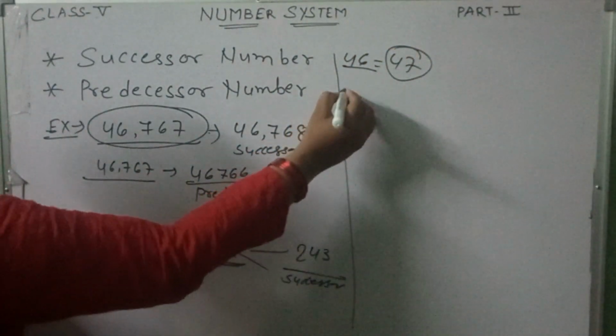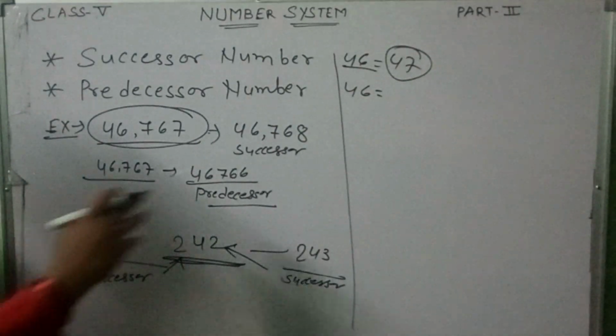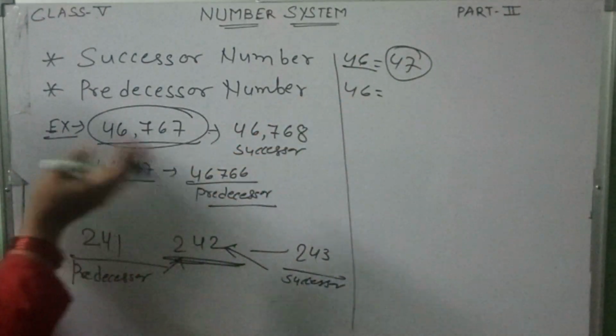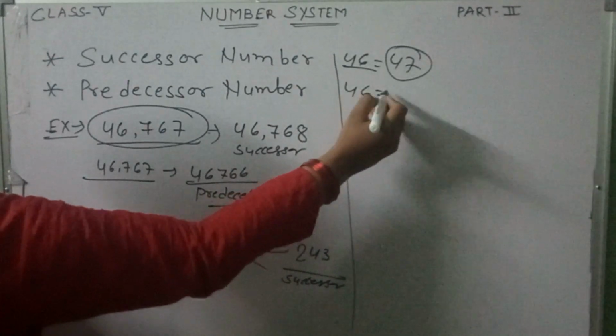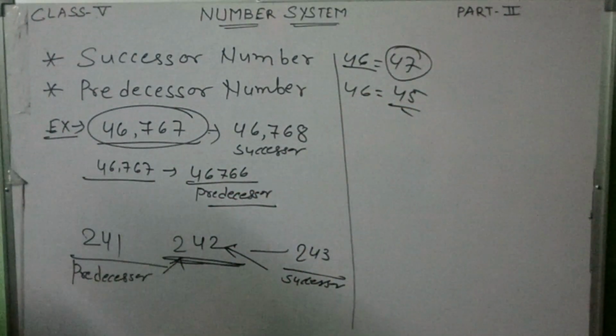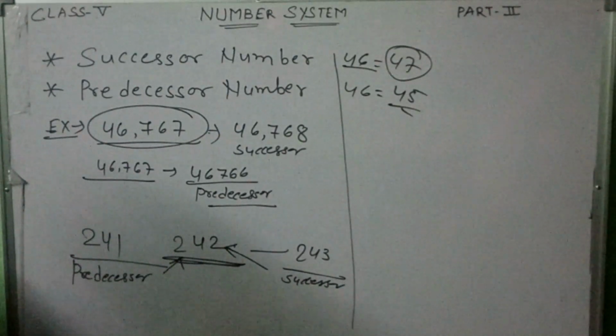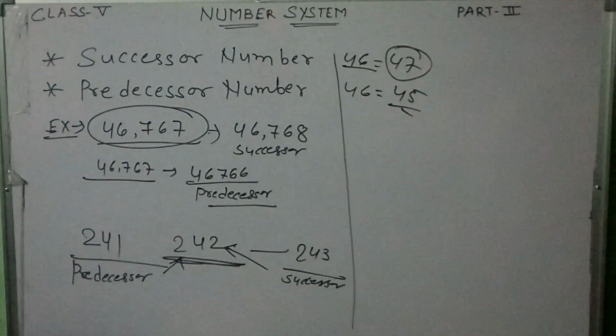What is the predecessor of 46? Predecessor, just you minus 1. Then it will be 46 minus 1, that is 45. The predecessor, just before number you have to write, and after just you write that number is the successor of the given number.